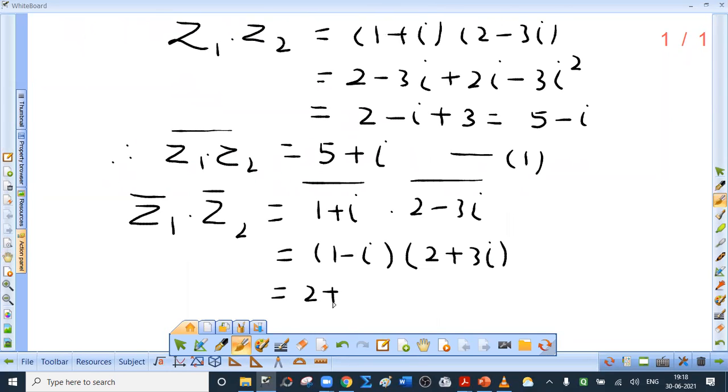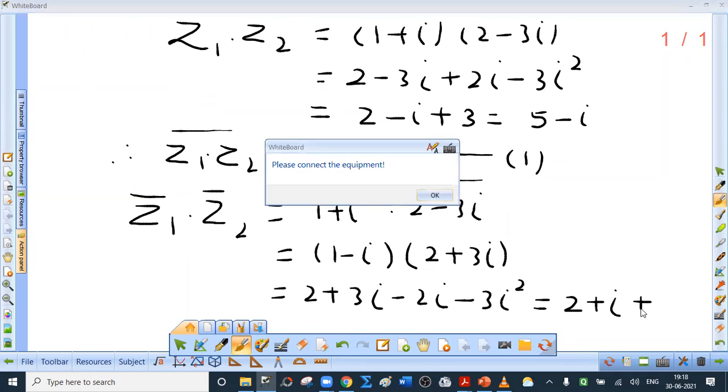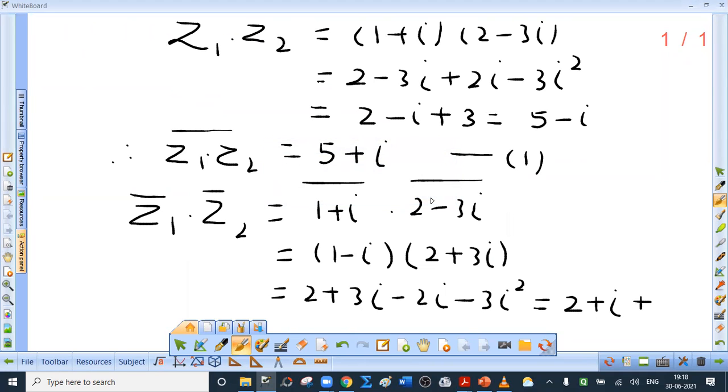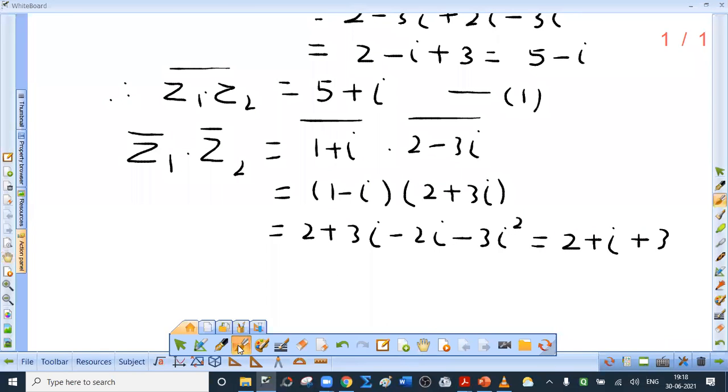So it is 2 plus 3i minus 2i minus 3i square. So 2 plus i plus 3. Therefore, I am getting Z1 bar dot Z2 bar equal to 5 plus i.